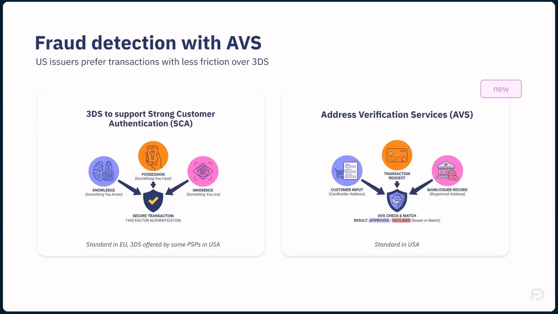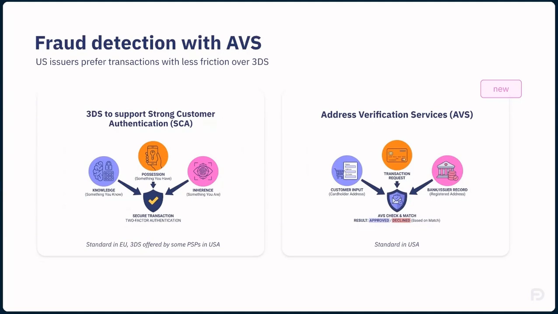So often you see, if you pay with credit card in the European Union, you'll have a pop-up in your bank account app on your phone where you need to authorize the transaction. This is offered by some payment service providers in the USA, for instance, Stripe, but it's not a common pattern that is used.